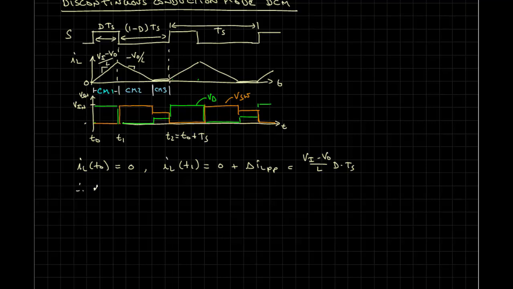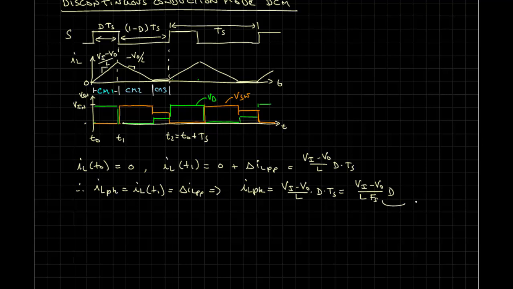So we can write, therefore, that IL peak, the peak current, which is also equal to IL of T1, which is also the delta IL peak to peak, I guess these are all the same. We can say IL peak is equal to VI minus VO over L times D times TS, or we could also write it as VI minus VO over L Fs. I haven't used Fs yet, but Fs is the switching frequency.